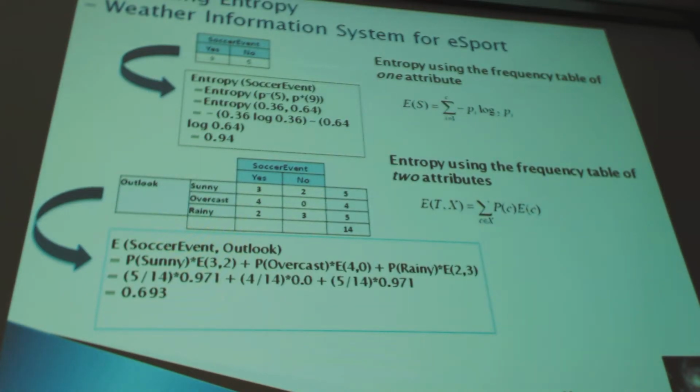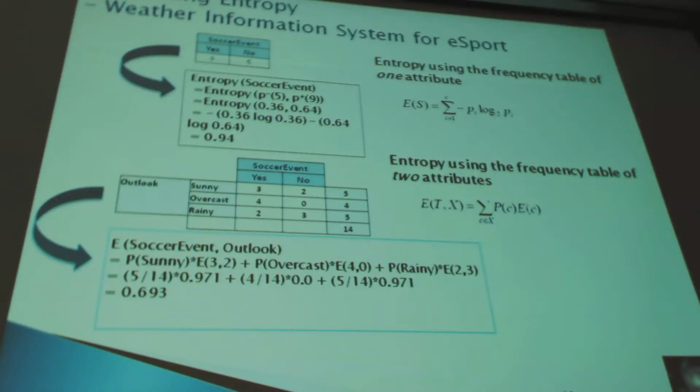It will be the probability of the outlook being sunny multiplied by the entropy of the soccer event's positive and negative samples when sunny, plus the probability of overcast multiplied by the corresponding entropy, plus the probability of rainy multiplied by the entropy of the soccer event's positive and negative outcomes when the outlook is rainy.